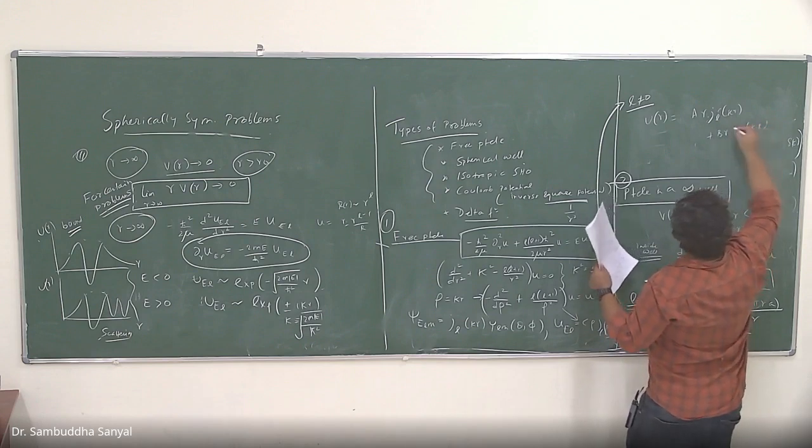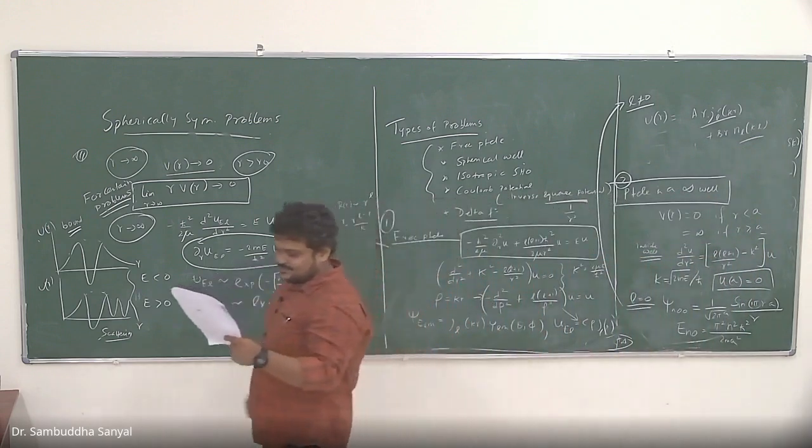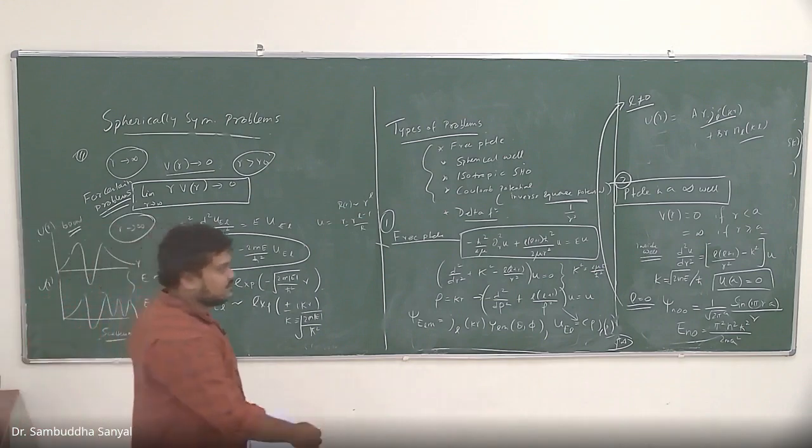These things are spherical Bessel functions. These are called spherical Neumann functions, but it is basically something one can get again by doing this series solution or this form.